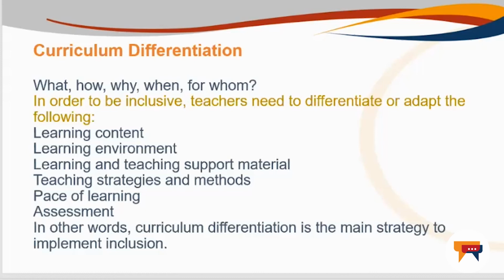Now, in order to be inclusive, teachers must differentiate or accommodate the learning content, and we get the content in the curriculum and assessment policy statements. We also adapt the learning environment. Some learners need a low sensory environment, so we don't want to see a whole lot of bright lights and bright colors.